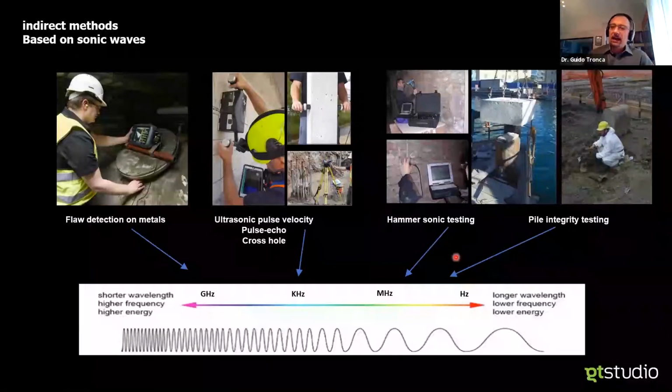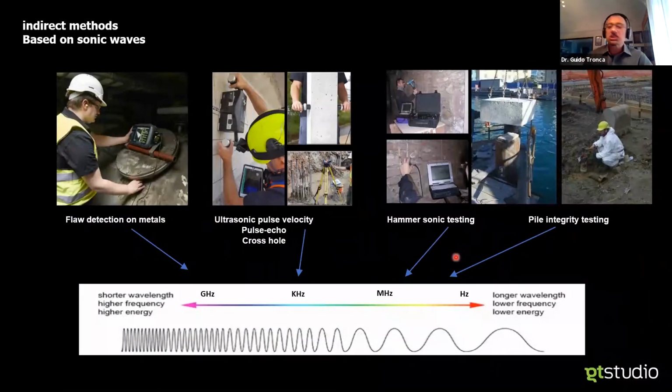If I keep an eye on the sonic waves, there's a world of testing that can be done, and we concrete guys are strongly related to the metal guys that use similar principles with very high frequencies. You play by seeing how your body reacts and responds to a sonic impulse.